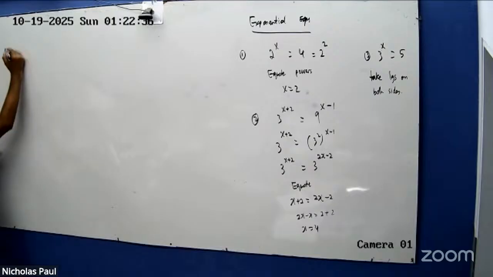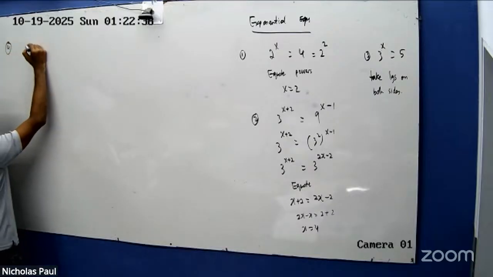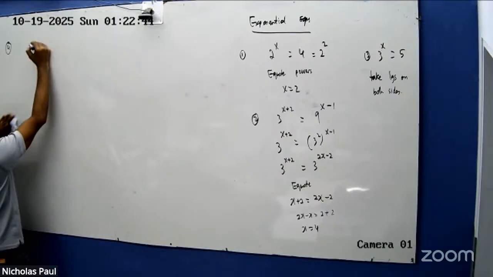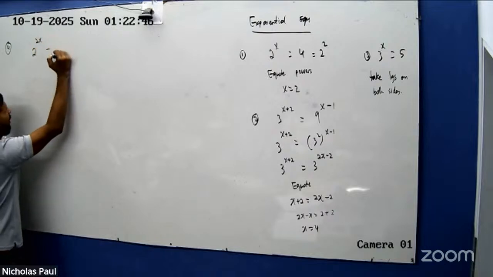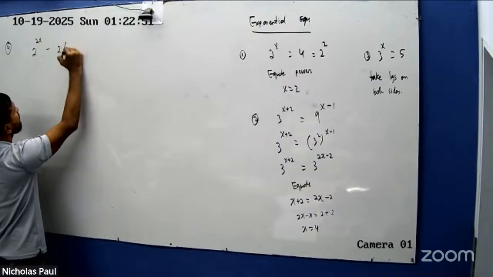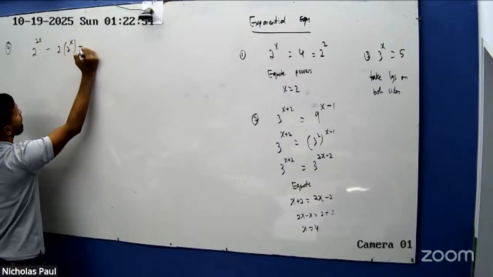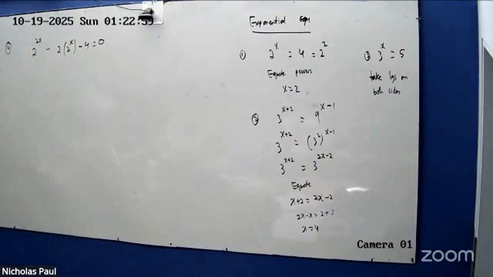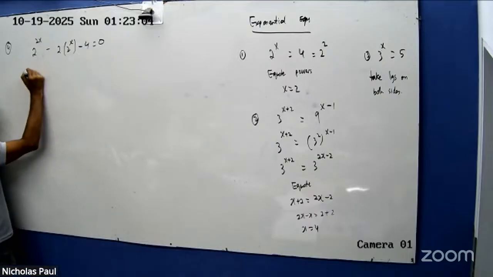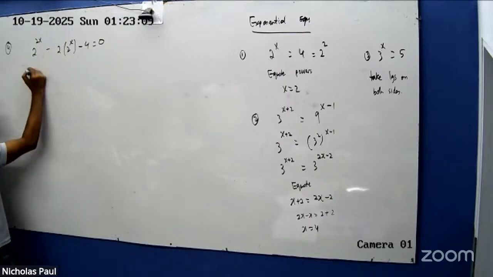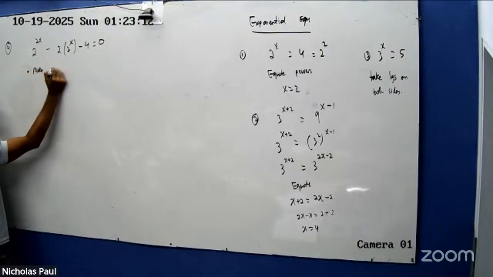And then sometimes it might look like this. What would happen if you see three terms like that? Whenever you have three terms, you have to make a substitution. I'm just giving you the general steps.